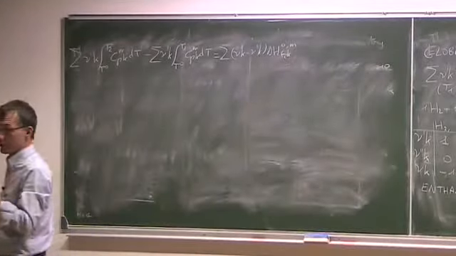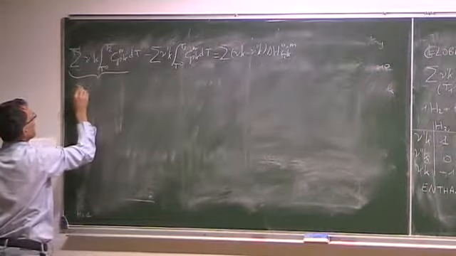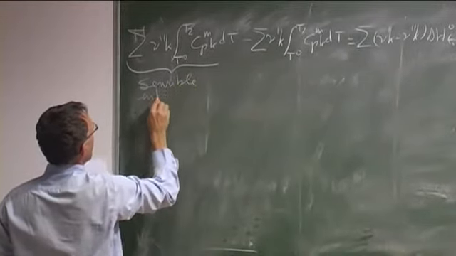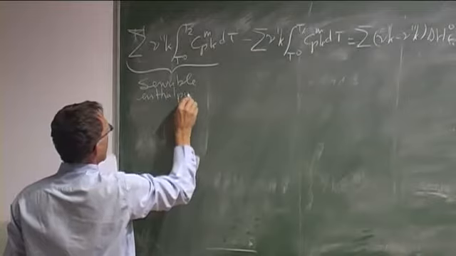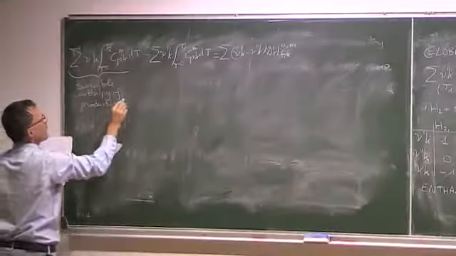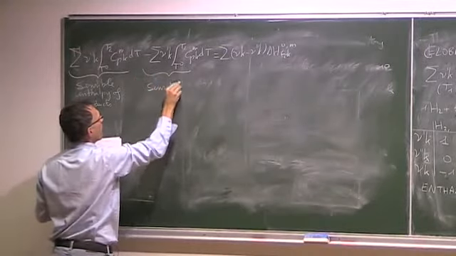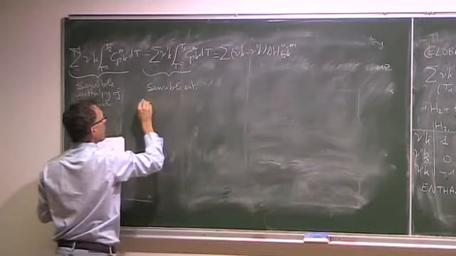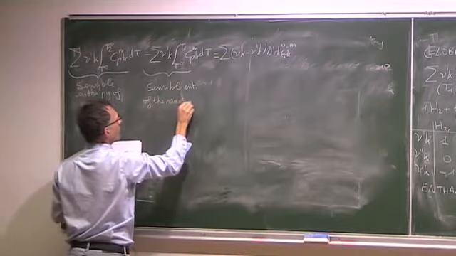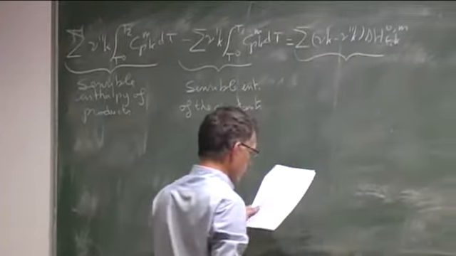So this has a very simple interpretation. You see here that this is the sensible enthalpies of the products, the burnt gases. This is the sensible enthalpy of the reactants. And this is something which we will call Qm.